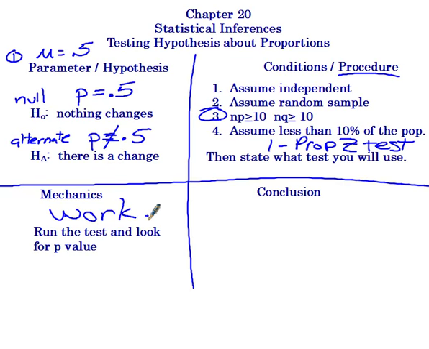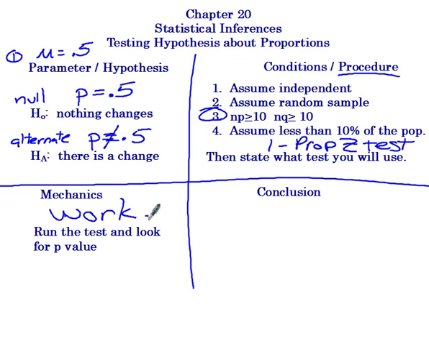Otherwise, you have to say they're not guilty because there's not enough evidence. But notice that they never use the word innocent. The reason for that is that in a courtroom, when the person's not guilty, you're not saying that they're innocent. You're just saying, we didn't have enough evidence to prove you guilty. So you have to be careful with your words there.